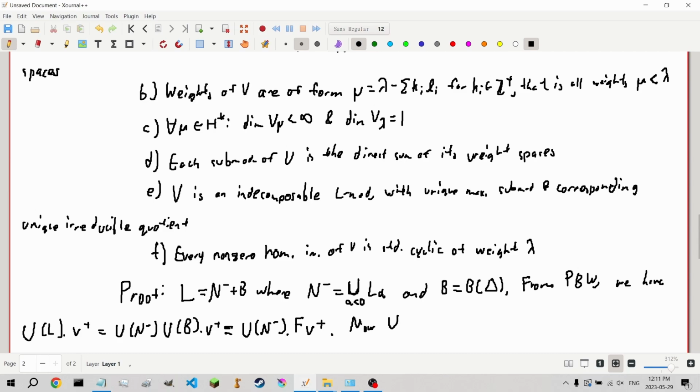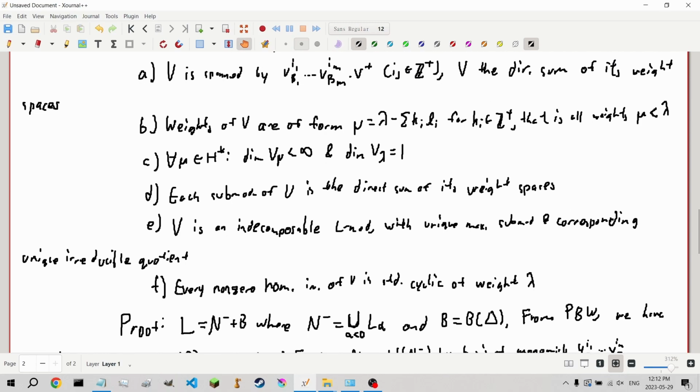Now U of n minus has a basis of monomials y_i1 beta 1 times through y_im beta m, and that gives us part A.